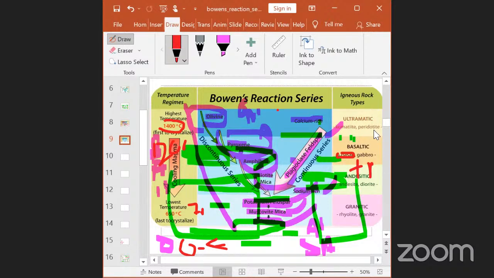You get crystals large enough to see, but they are just normal grain sizes. The magma chamber pulls out olivine and pyroxene first, right? It will start to play out over the olivine and around it. So this is the Bowen's reaction series. This is an important question in your examination.